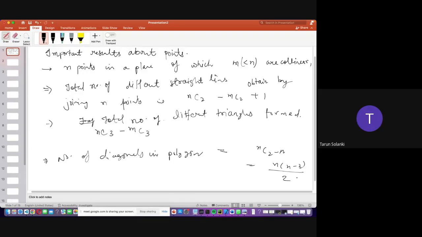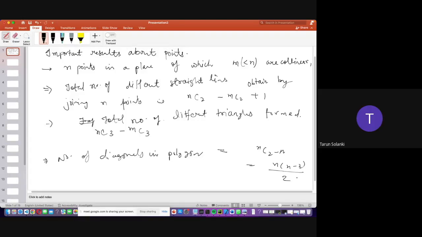Okay, and one more is there. If m parallel lines in a plane are intersected by a family of n other parallel lines, then the total number of parallelograms that will be formed will be mC2 into nC2, that you can write as mn(m minus 1)(n minus 1) divided by 4.